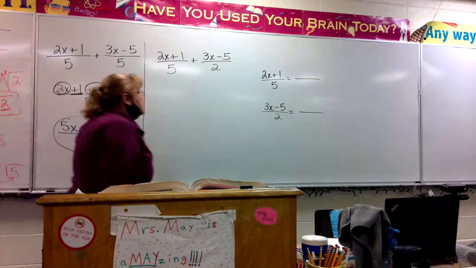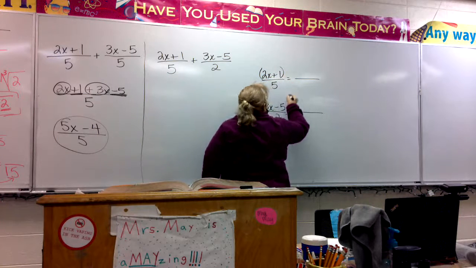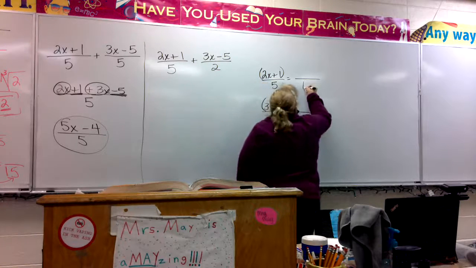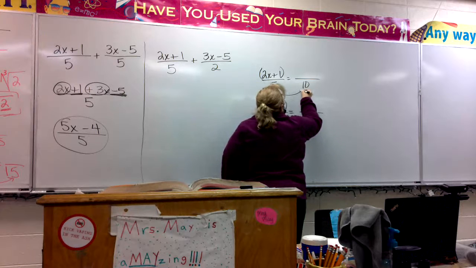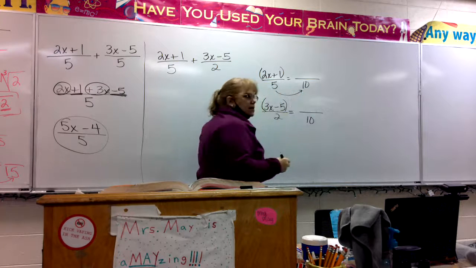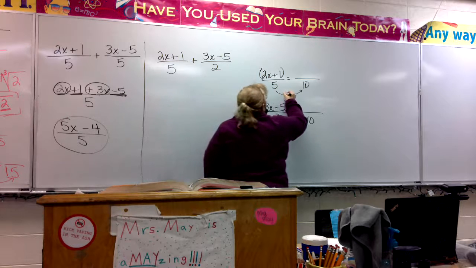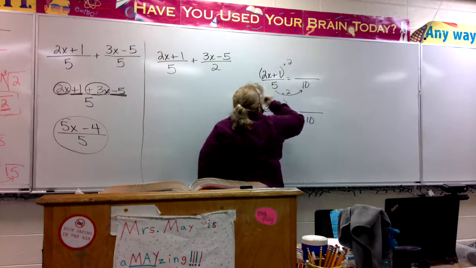And of course, before you did anything, you'd put parentheses around these, right? 2 and 5, so my common denominator is 10. You would ask yourself, what did you multiply by? So you'd have to multiply the top by 2.